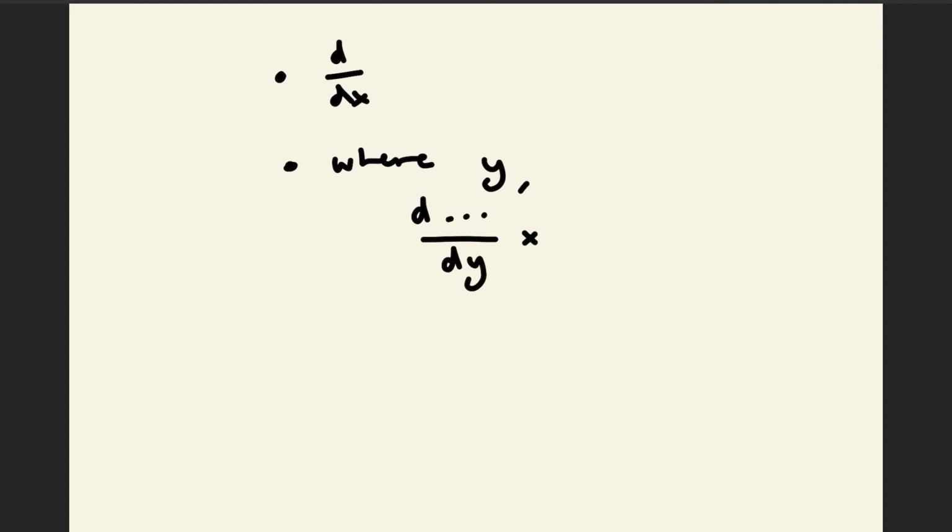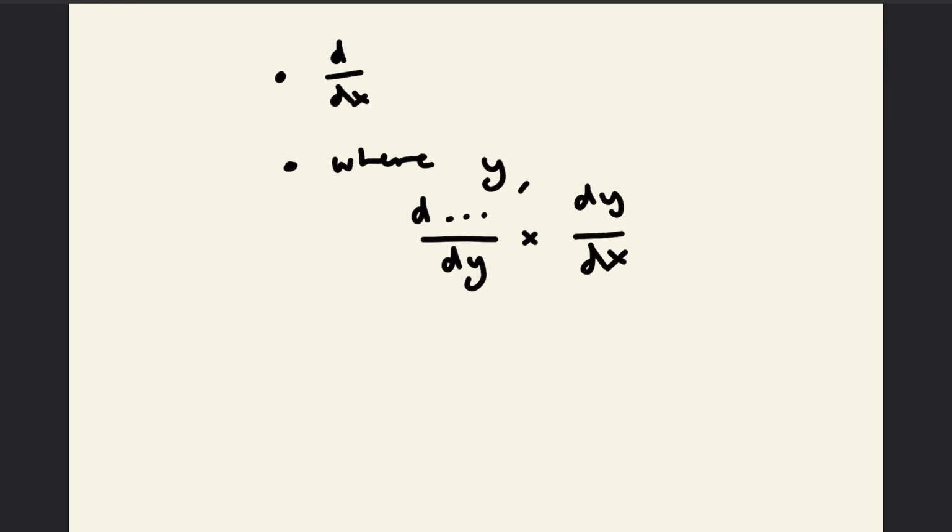So first, you take the derivative with respect to x on both sides, obviously, of the equation. Then, where there is a y, you take the derivative of whatever expression you have of y and you times dy/dx.